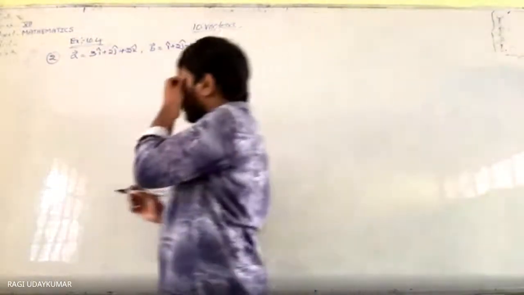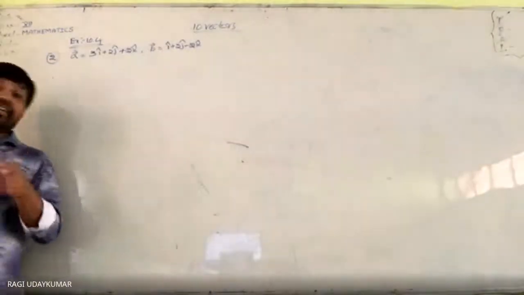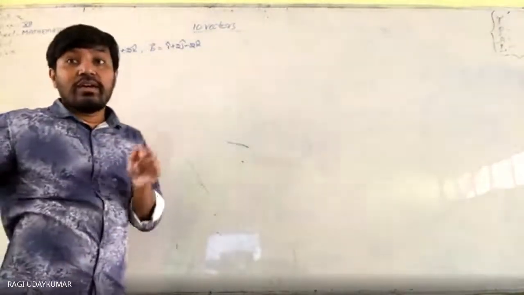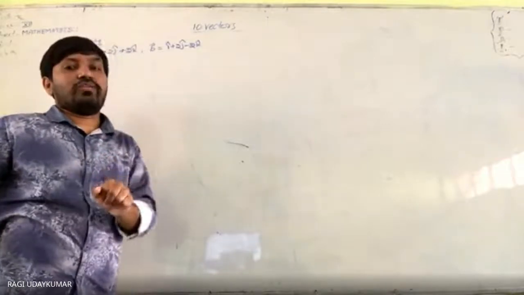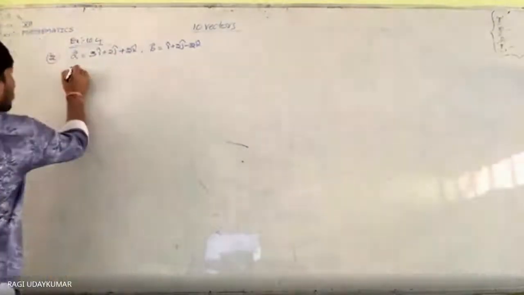Okay, so now here the question is: given the unit vector which is perpendicular to these two vectors, a bar plus b bar and a bar minus b bar. So first you find out a bar plus b bar.